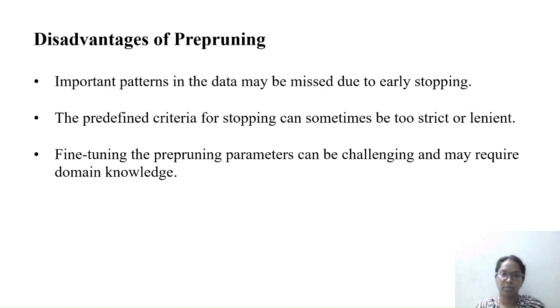By doing this, some of the data is misused because we are stopping the tree at an early stage. The predefined criteria for stopping can sometimes be too strict or too lenient. Fine-tuning the pre-pruning parameters can be challenging and may require some knowledge.